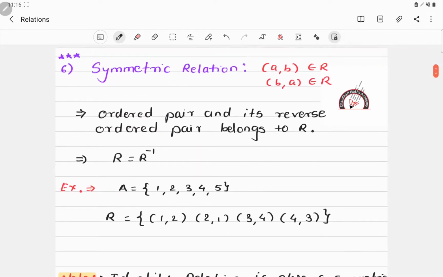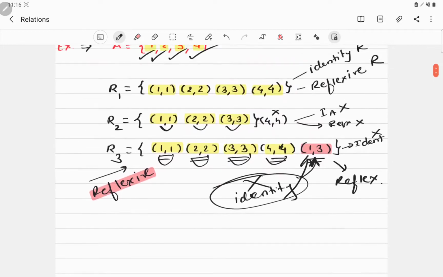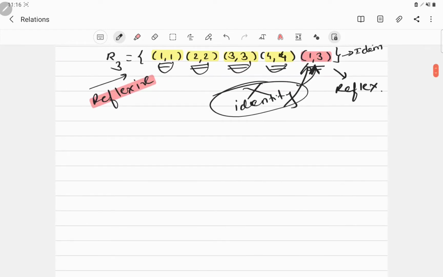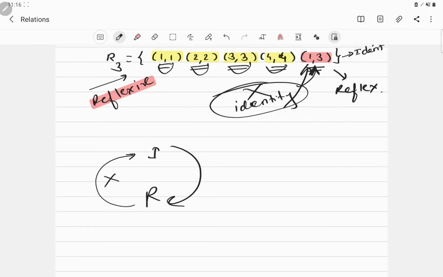So identity relation and reflexive relation are altogether different. Every identity relation is a reflexive relation, but its converse, that is, a reflexive relation, is not necessarily an identity relation. Once again I am repeating this very important sentence for you: every identity relation is reflexive, but every reflexive relation cannot be an identity relation.